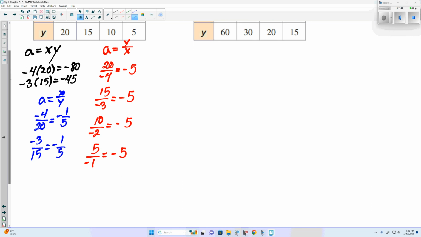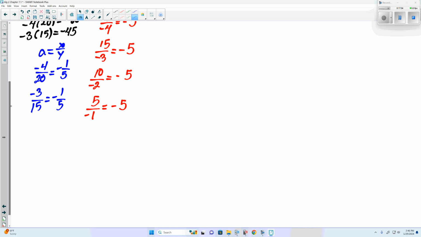If we continued on with the x over y, negative 2 over 10 is negative 1/5, and lastly, negative 1 over 5 is negative 1/5. So even if we did x over y instead of y over x, we still got the same term across all of them. It's just the reciprocal. Instead of getting negative 5, we got negative 1/5.